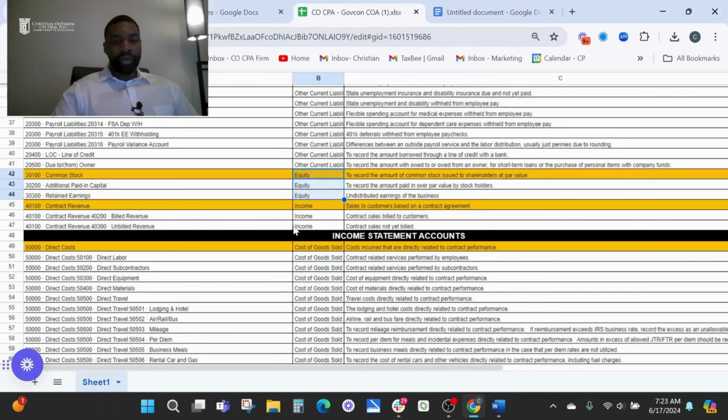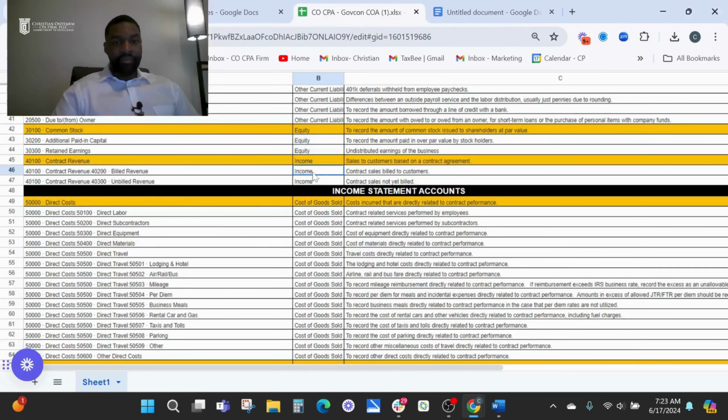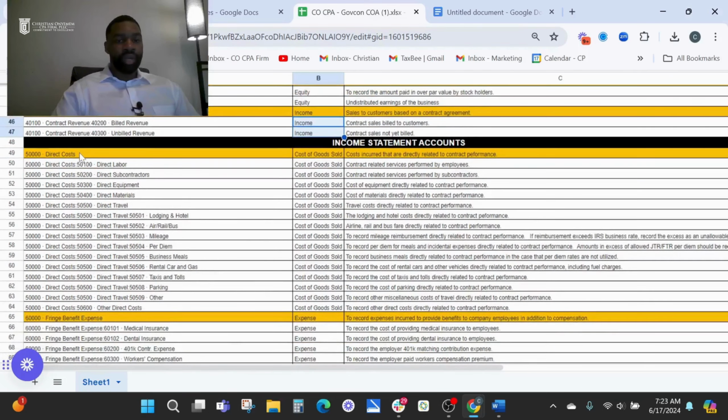Now, when you come here, you move to that income. Billed revenue and unbilled revenue need to be calculated differently. That's your income. See all these direct costs? This is the cost associated with directly performing your job. I use janitorial because that's the simplest and easiest example.